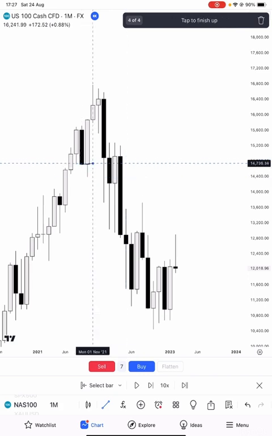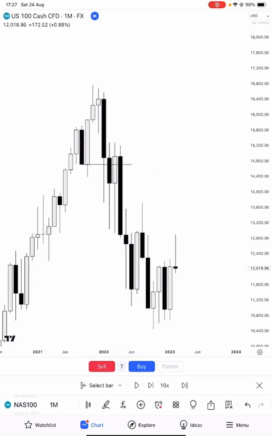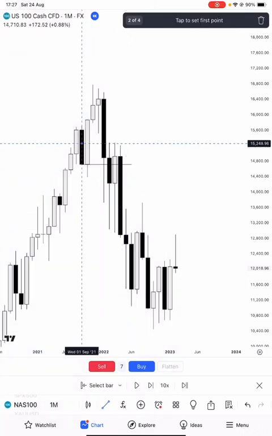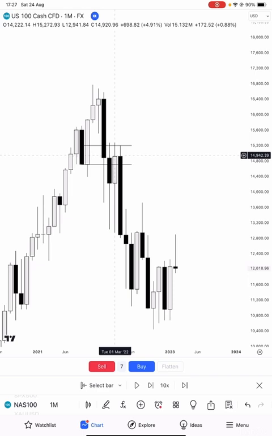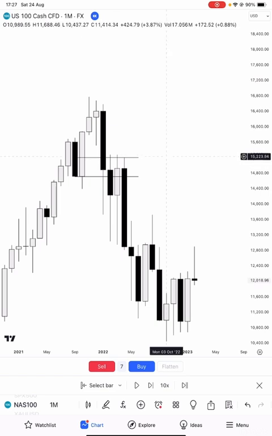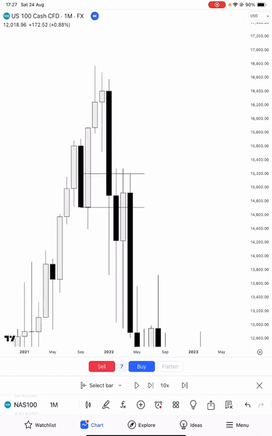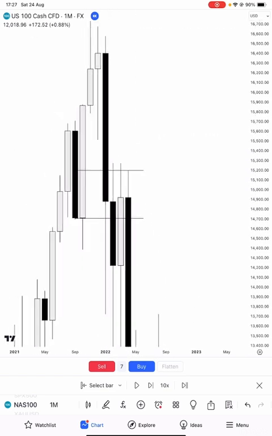Because this becomes a breaker once we close below here, and the mean threshold of the breaker is always respected. Why? Breaker high, low, higher high, lower low, paired up with this.